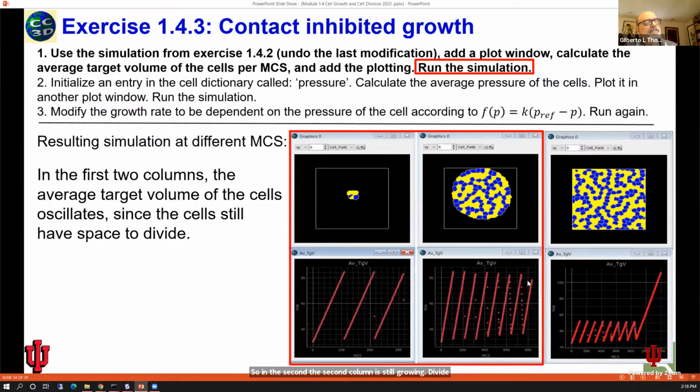the average value is starting to decrease, I think, because the space in the domain is becoming full, it is becoming hard to grow.